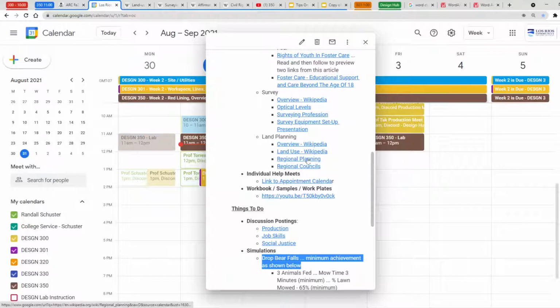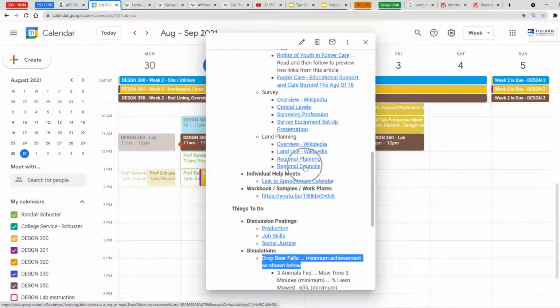Okay, there's something called regional planning and regional councils. You need to know about those because we do have a top-down organization in our area. We have regional planning that is approved by the state, groups like SACOG, and they devolve into a regional council.